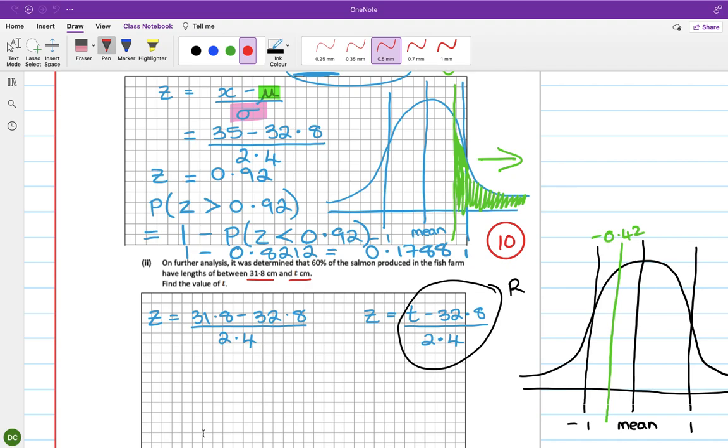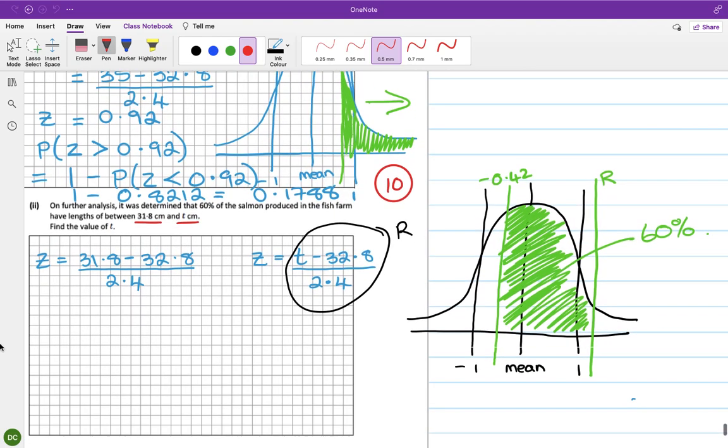Okay, so I'm just trying to get my head around this. So the probability of being in between these two z-scores. I calculated this on my calculator, but I never wrote it down, so let me double check that's right. 31.8 minus 32.8 divided by 2.4 is minus 0.42.